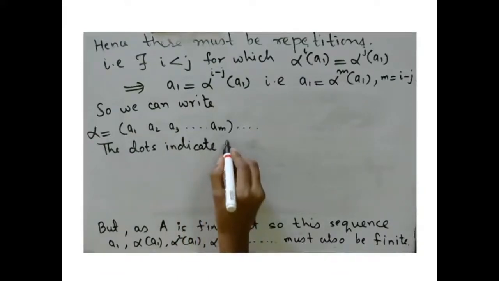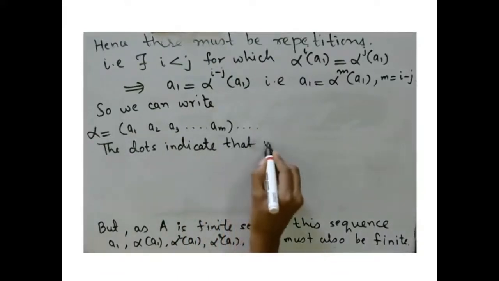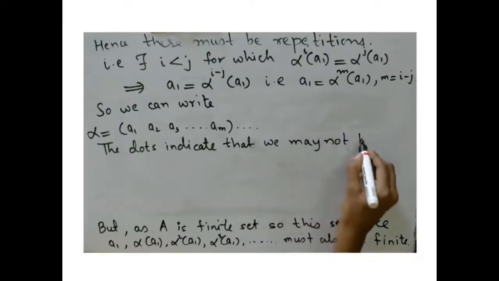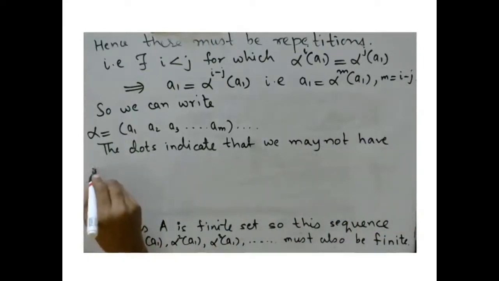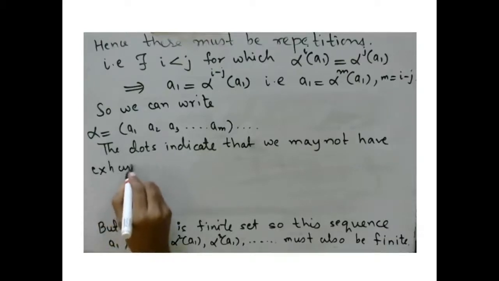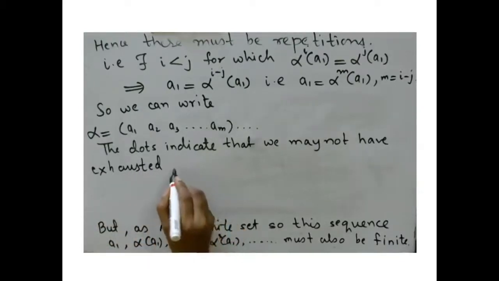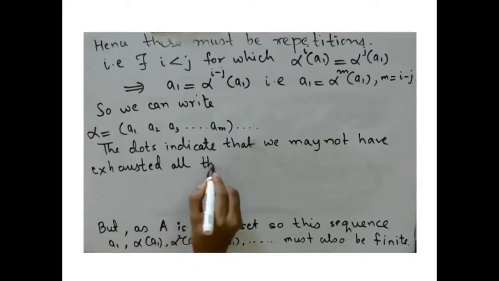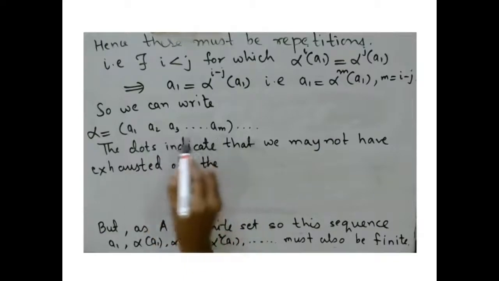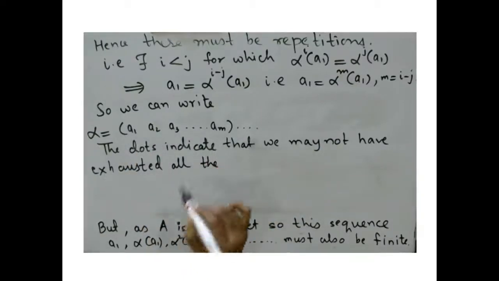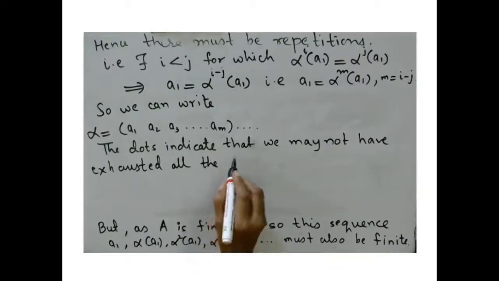So the dots indicate that we may not have exhausted all the elements of A. Not having exhausted means we have not got all the elements of A inside the cycle. There must be some element of A which is not there in the cycle.